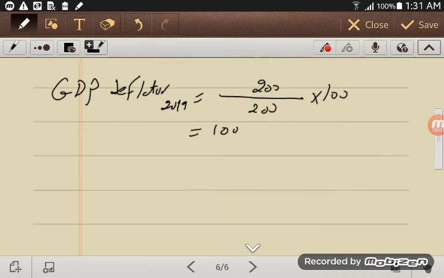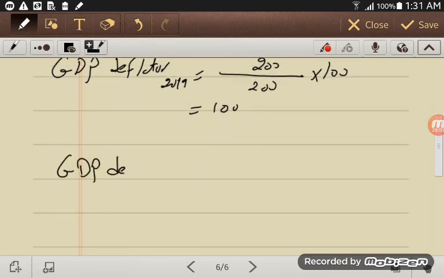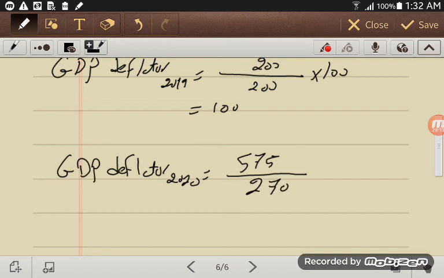And with respect to year 2020, it will be 575 divided by 270 multiplied by 100, which is about 213.